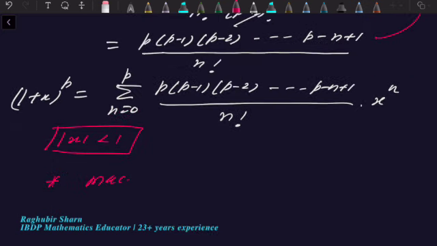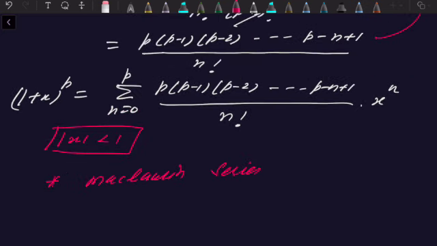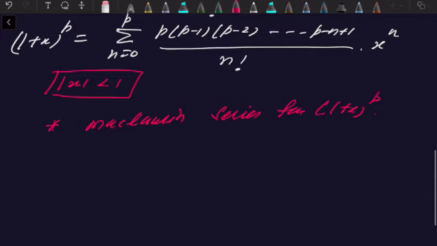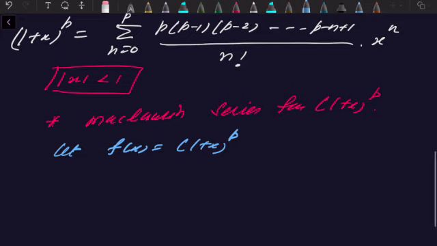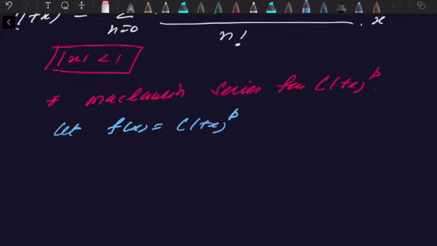Now we'll consider the Maclaurin series for 1 plus x raised to power p. We know that f(x) is continuous and has infinitely many derivatives, so we can use the derivatives here.